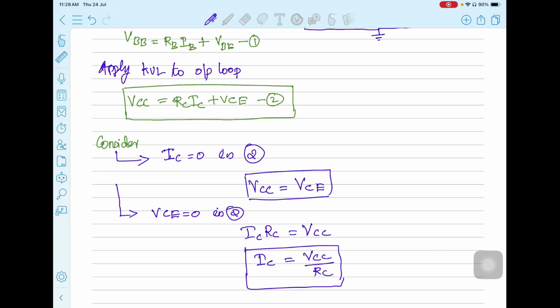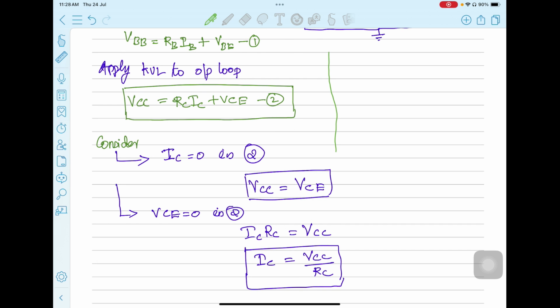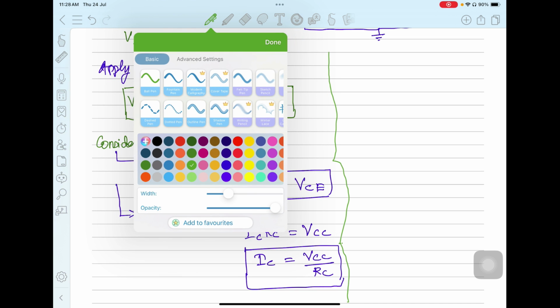So according to our concept, we need to draw the load line. The load line is basically drawn on the characteristic curve, basically the output characteristics curve. So I'm going to draw the output characteristics curve of this common emitter configuration.